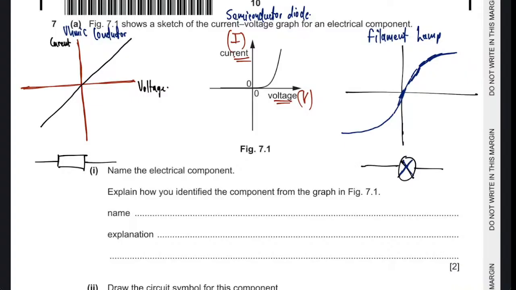Do you have them? Put these 3. Did you put it? These are the 3 important ones.